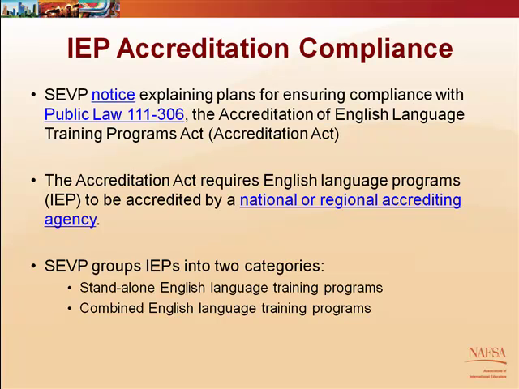IEP Accreditation Compliance. On April 21, 2012, SEVP posted a notice explaining its plans for ensuring compliance with Public Law 111-306, which is the Accreditation of English Language Training Programs Act. This act requires intensive English language programs, or IEPs, to be accredited by a regional or national accrediting agency recognized by the Department of Education.